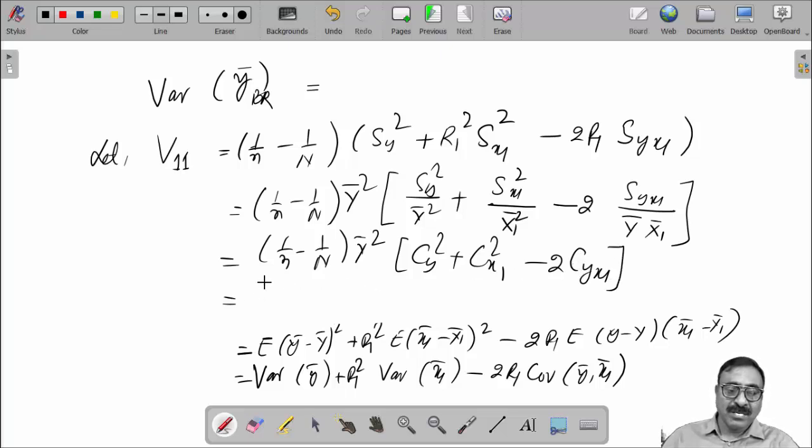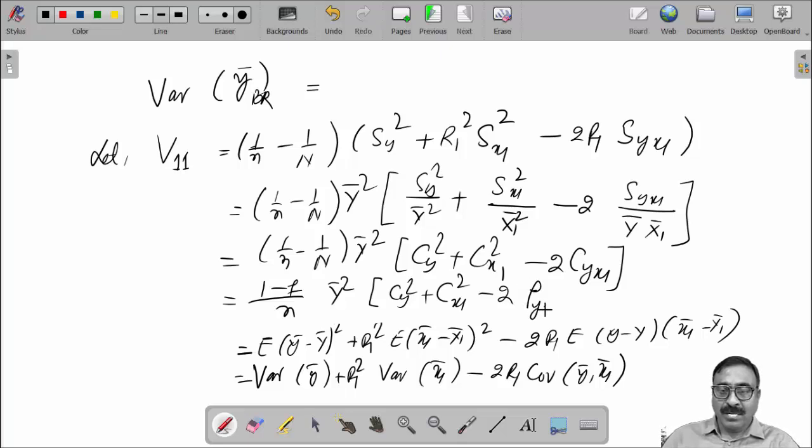So this is equal to (1 minus f) by n, Y bar square (Cy square plus Cx1 square minus 2 rho yx1 Cy Cx1).